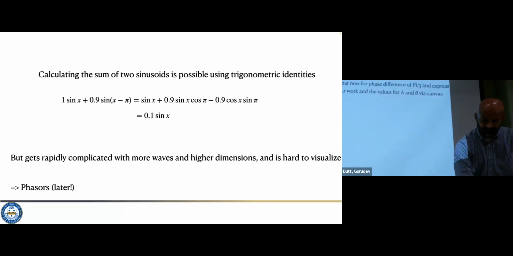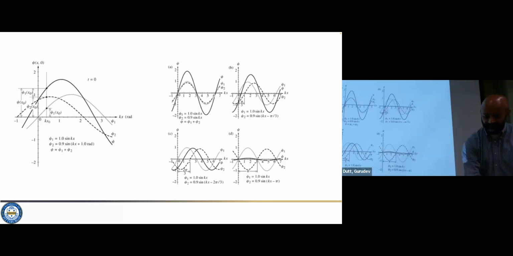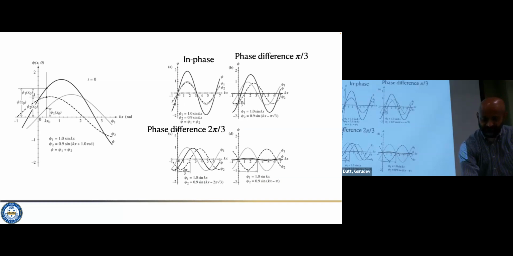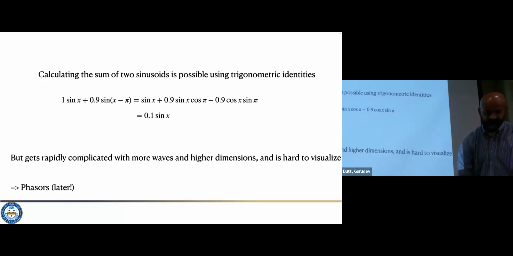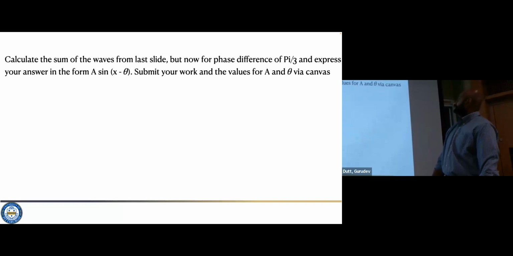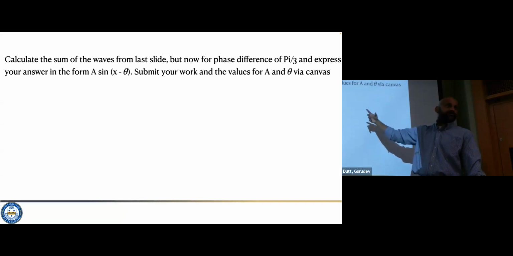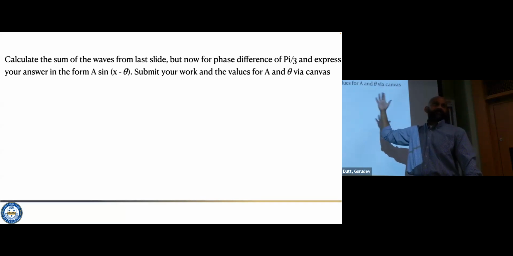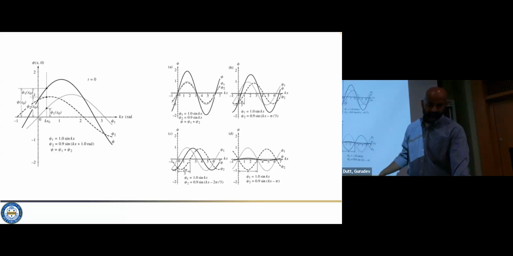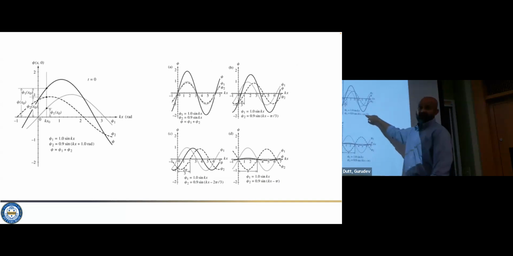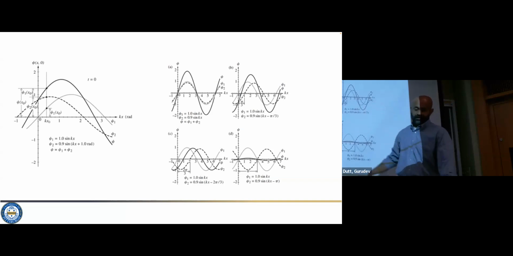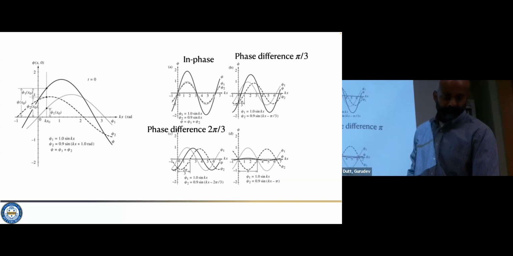All right. So last thing I will leave you with, this is a small assignment for you on Canvas, is to now, instead of the phase difference of pi, consider the phase difference of pi over 3 that I showed you in one of the pictures. So kx minus pi over 3. I want you to do this case, the algebraic addition on your own.